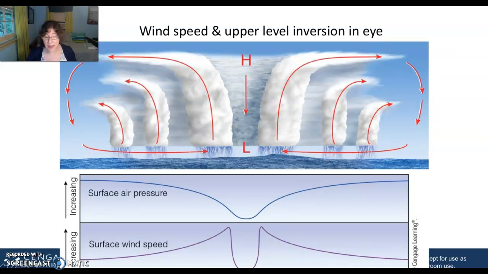And as a result of that, look at the wind speed change from the side of the storm into the eye wall of the storm. A dramatic increase in wind speed in those areas. What we still need to understand is this dramatic drop in wind speed in the eye.